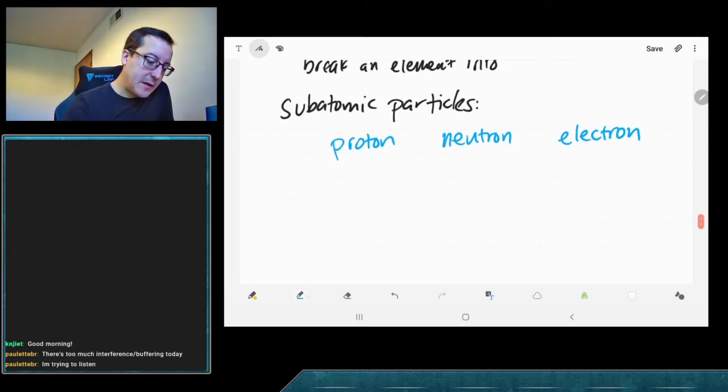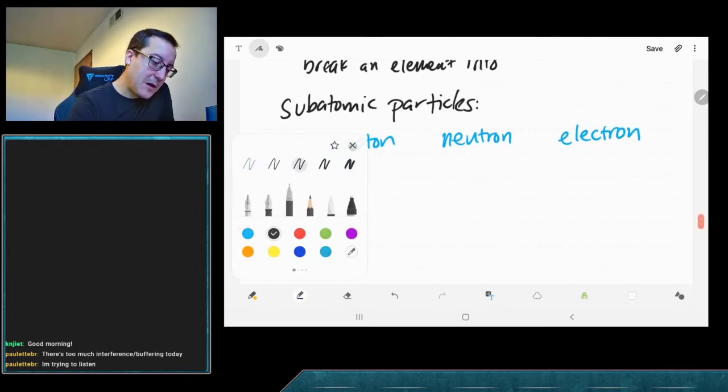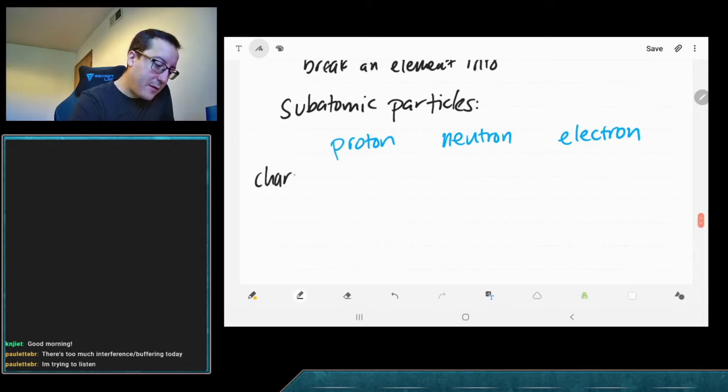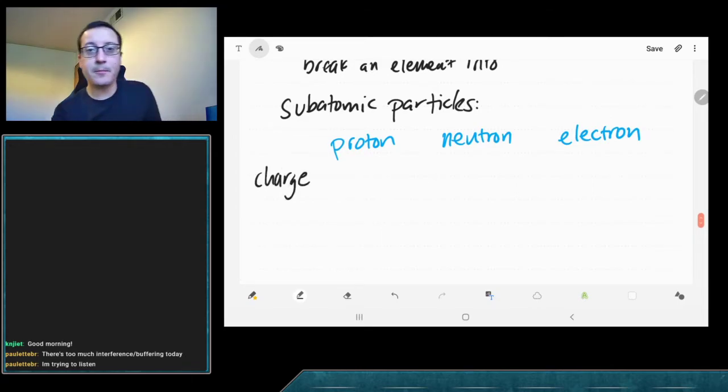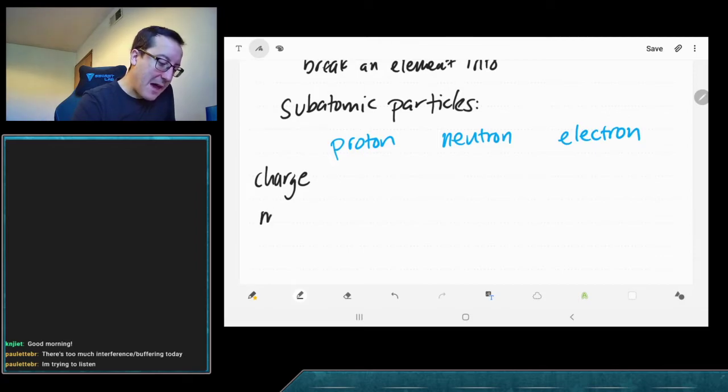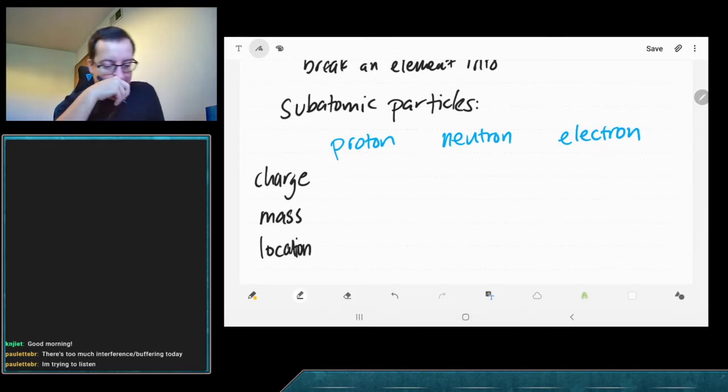Alrighty, and we know some properties about these as well. We know that these have a charge on them. They have a mass associated with them, and they have a location within the atom.